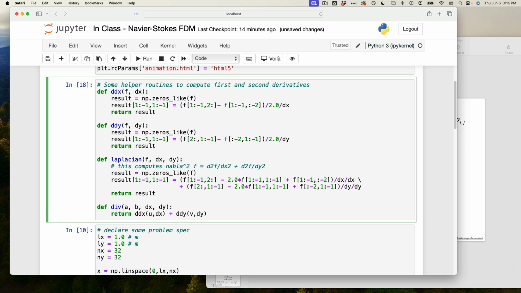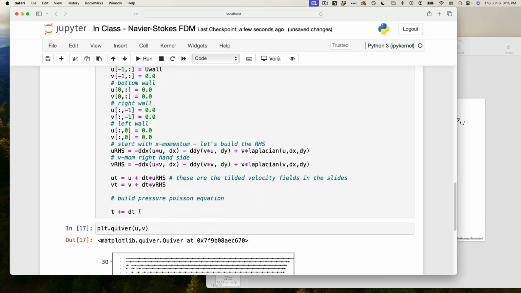What's the divergence of the vector with components A, B? It is dA by dx plus dB by dy. Yep. Okay, I just call them U and V for simplicity, right? But they could be any vector, okay?